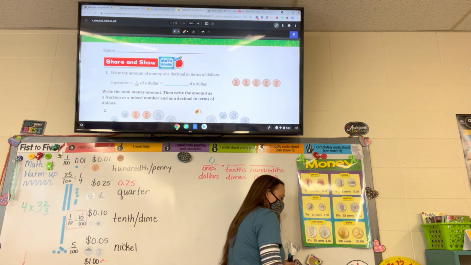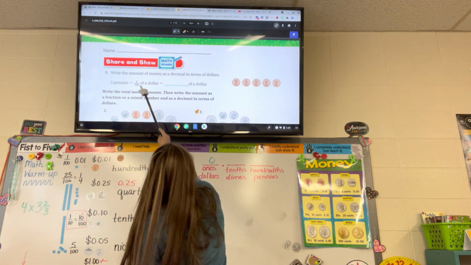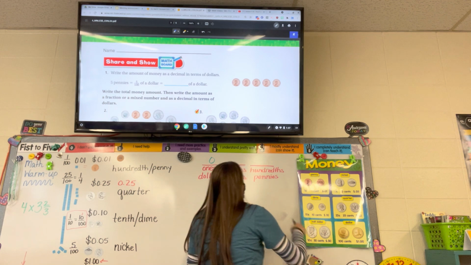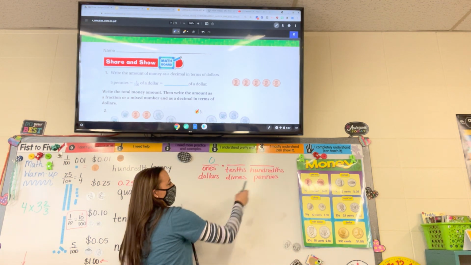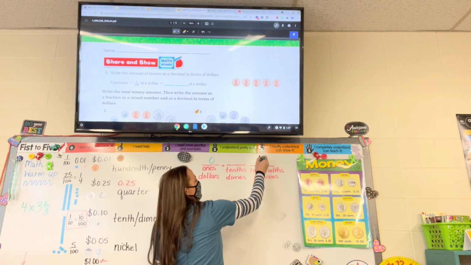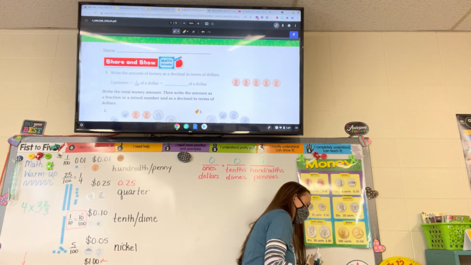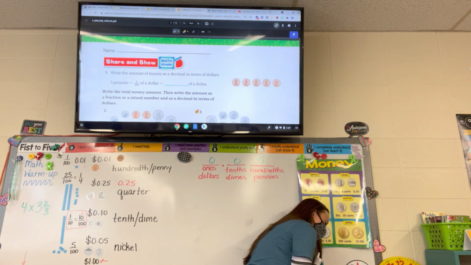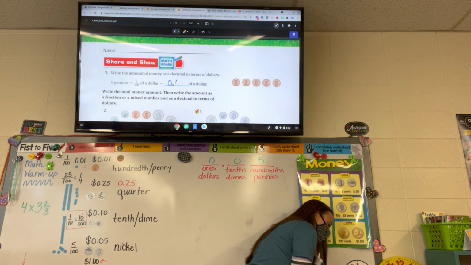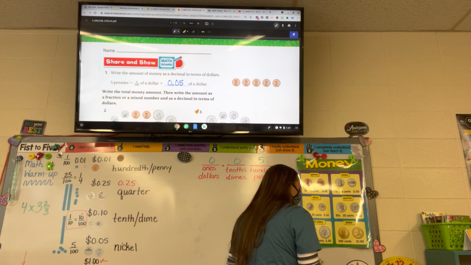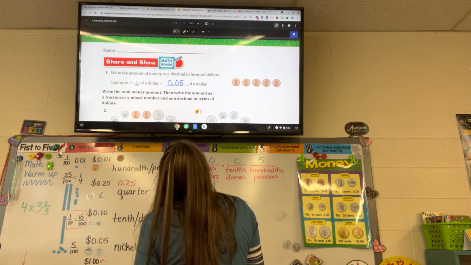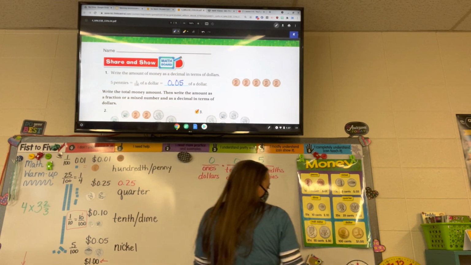So that is 5 hundredths of a dollar. So where would we put the 5? In the hundredths place. And then we, of course, have to fill in the tenths place with a 0 placeholder. So 0.05. 5/100 of a dollar.